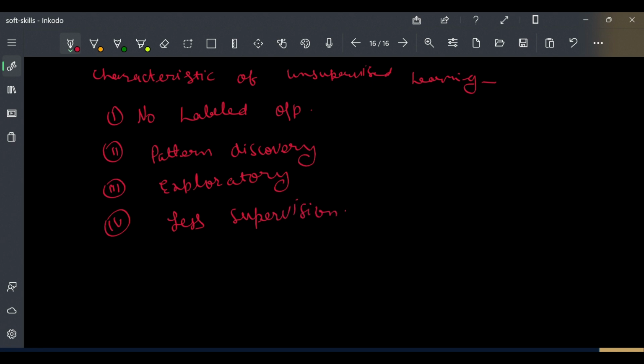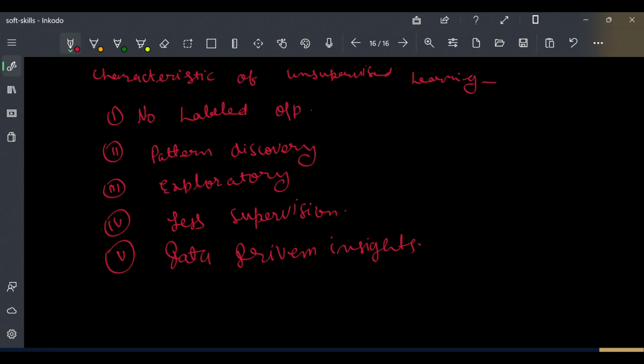Less supervision means no teacher guiding the process. As there was a teacher guiding in supervised learning, in unsupervised learning there is no teacher. And the fifth one is data-driven insights, which often reveal unexpected groupings or anomalies.